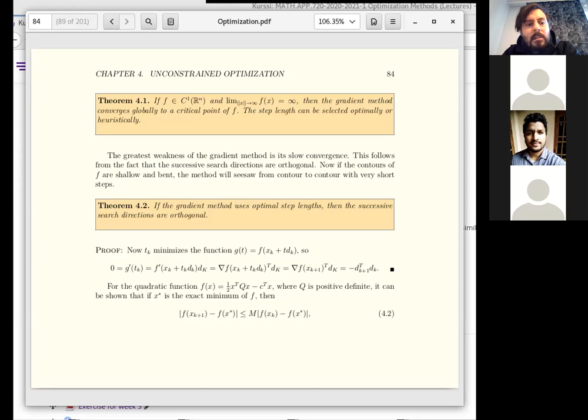The derivative is determined as the current direction dk dot product with the gradient of f at that new point, and that will be 0. It means that successive search directions have a dot product of 0.